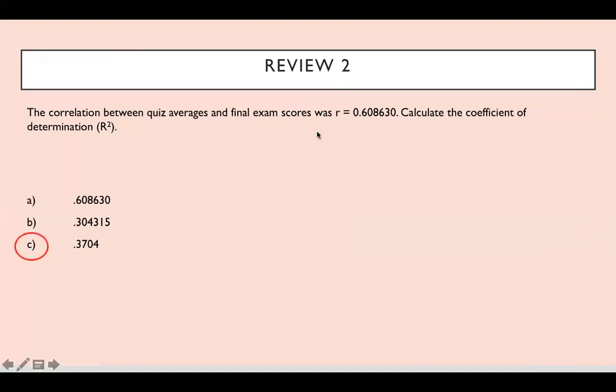Perfect, our answer here is C. Really all you need to do here is you take r and you multiply it by itself, you square it, and you should get 0.3704.